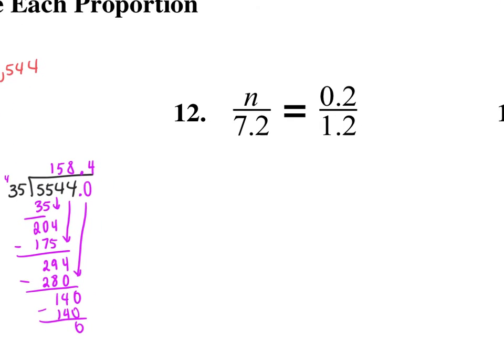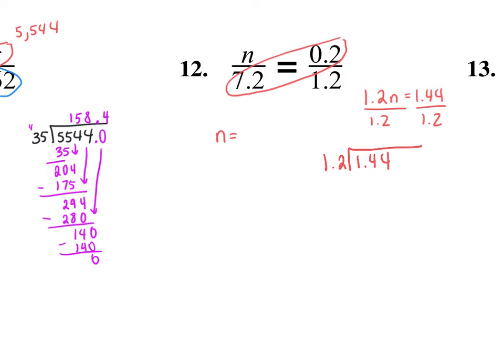Okay, you go ahead and tell me what you got here for what n equals. Remember, set up your proportion. Tell me, what does n equal? When you were dividing on this one, don't forget to move that decimal over.